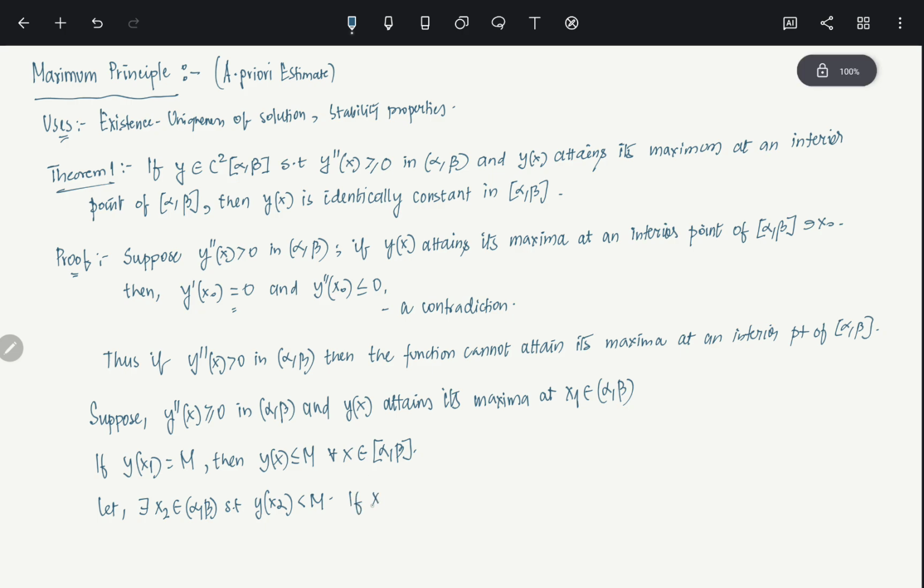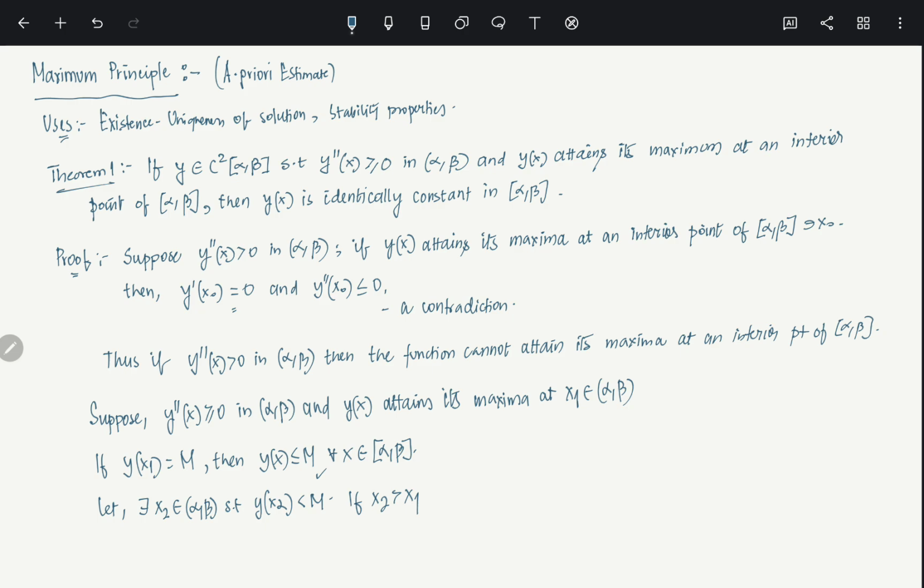If y of x1 equals m, it means the maxima is attained at the point x1, so for any point x in alpha beta, y of x has to be bounded by m. Now let's assume there is a point where y of x2 is less than m. Of course, there has to be such a point. If there is no such point, then it will be a constant, identically equal to m, and we have already proved that case. So we assume y of x2 is less than m.